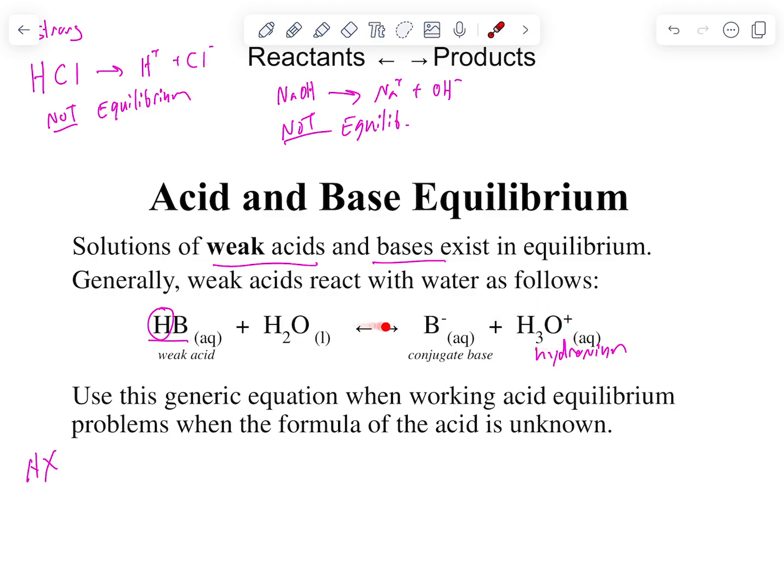So this reaction is capable of equilibrium. At the beginning, this reaction takes place more, but eventually the reverse reaction starts happening, and eventually you get to the point where the forward rate and the reverse rate are equal. That is equilibrium.